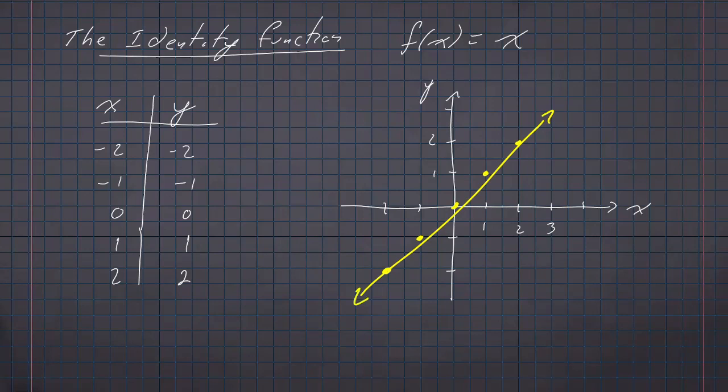Draw the line connecting them, and we get the straight line forming a 45-degree angle in the xy plane.